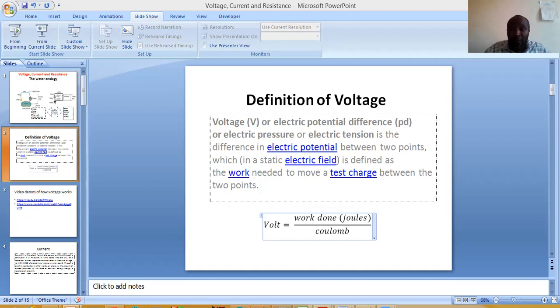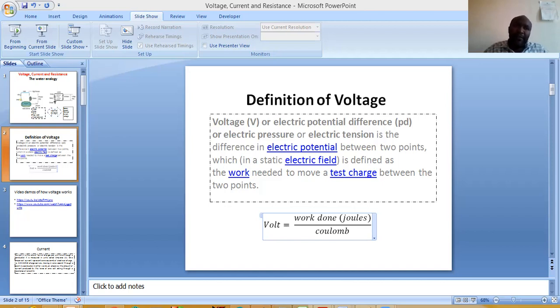If you have the power of a device, you have to convert it into kilowatts. 1 kilowatt is equal to 1,000 watts. So multiply that power expressed in kilowatts with time, but time in hours, not in seconds. The product of power in kilowatts and time in hours gives you kilowatt hours.